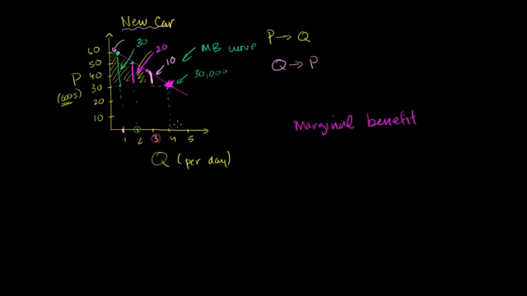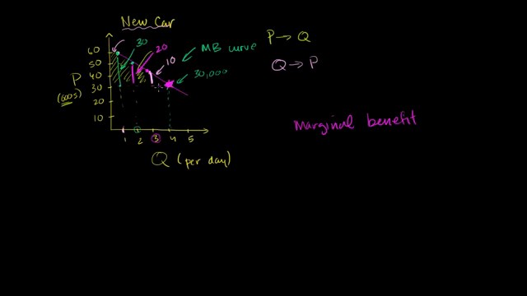Or another way to think about it is the consumer surplus for this first unit was $30,000. The consumers got $30,000 more in value for themselves than they had to pay for it. Here, the consumer surplus was $20,000. The consumer got $20,000 more in value than that second consumer was willing to pay for it. And here's $10,000. And then this fourth consumer is neutral. The marginal benefit is what they paid for it.